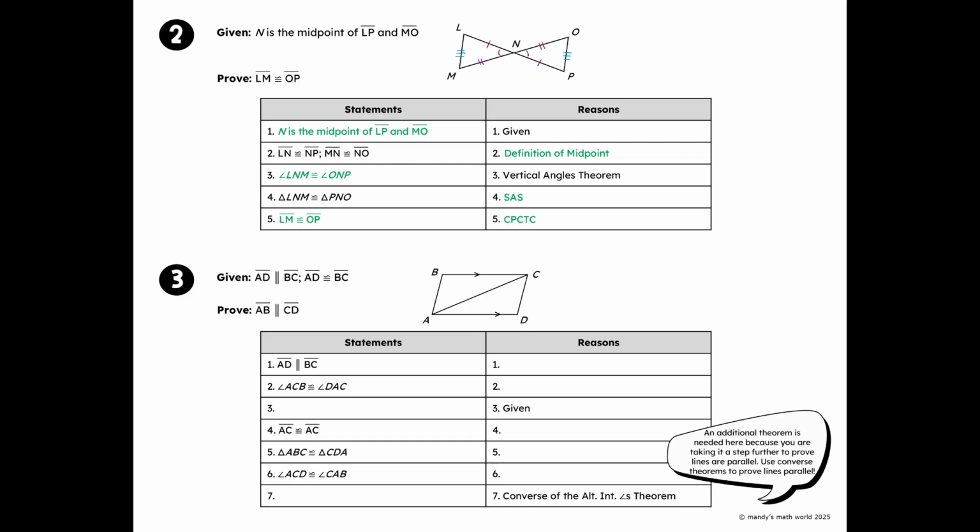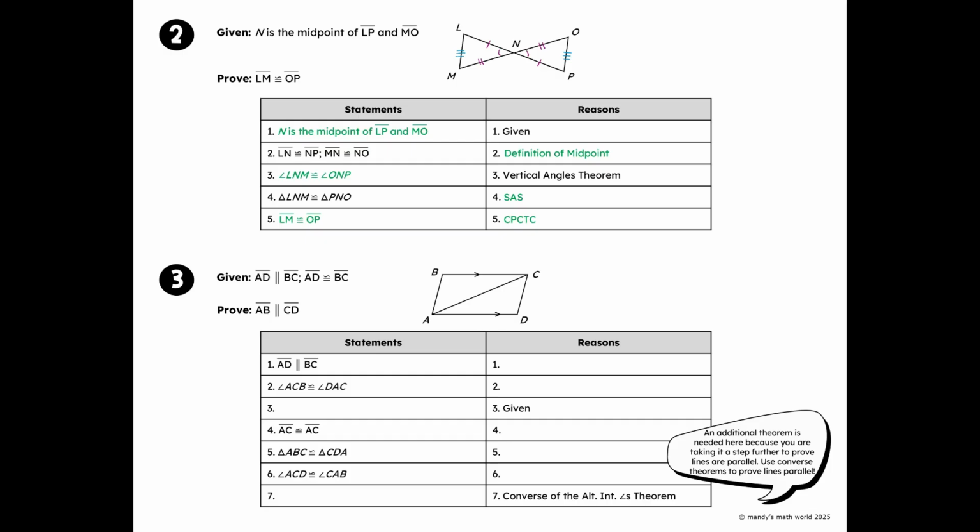We're also given that segment AD is congruent to segment BC. And we're asked to prove that segment AB is parallel to segment CD. So we're asked to prove lines are parallel. We've done this before. How do we prove lines parallel?